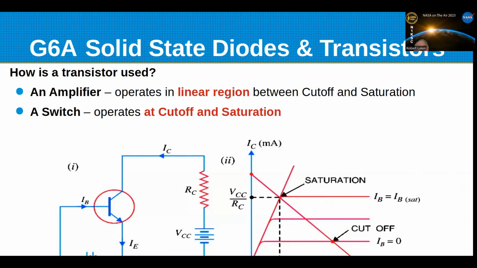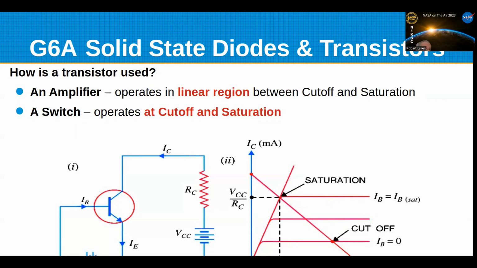Now, because of the gain of that transistor, for different values of base current, which is what these lines are showing, you see different values of collector current. And where those cross that load line is the operating points. So if you use it as an amp, the one at the top we call saturation, where it's turned on fully, it appears to be essentially zero resistance.